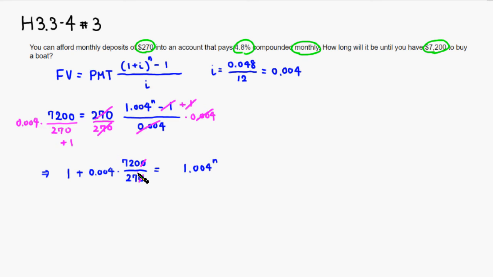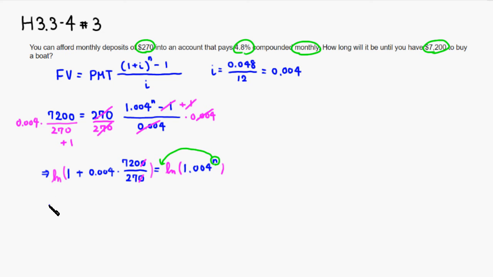Then we want to solve for n, so we're going to take the natural log of both sides. You can see that we can put this n right in front of the natural log.